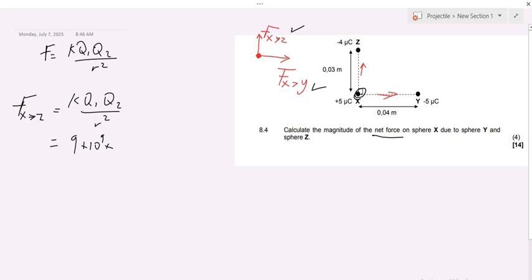Our q1, it doesn't matter actually, let's say it's 5 times 10 to the power negative 6 microcoulomb, multiplied by 4 times 10 to the power negative 6, all divided by our distance, 0.03 squared.